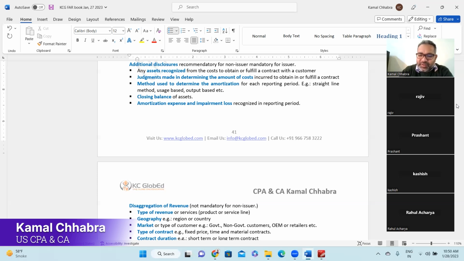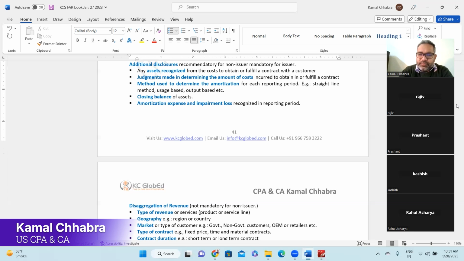Contract assets are those assets for which we have specifically expended money to obtain a particular contract, like tender fees, legal fees, contract drafting fees. You remember we discussed an example on this, the dam tender example.